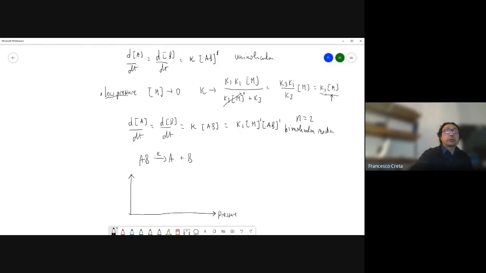And the molar concentration varies linearly with pressure. So you're going to have a linear increase of K. So K is essentially varying like the molar concentration, which varies like P. And this is clearly, as we said, a second order kind of behavior.